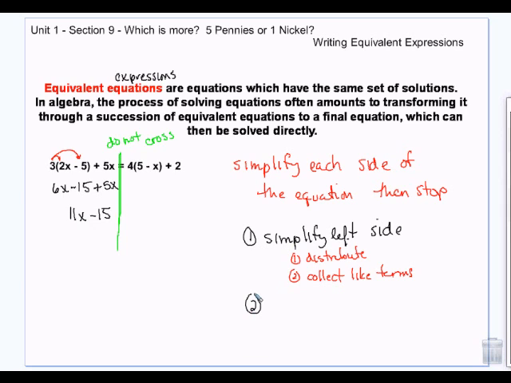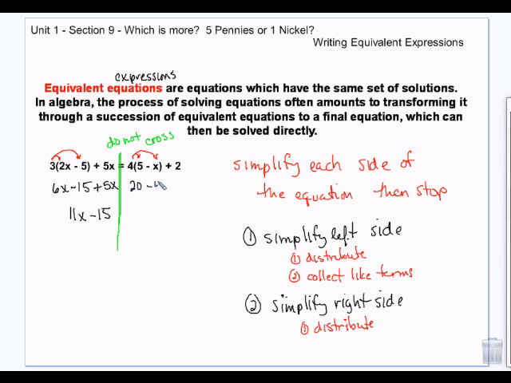And then I go to the right side. Sometimes you don't have to do anything to the right side. It might just say 10 or something. If you can't do anything to it, you just leave it alone and it's already simplified. But if you have stuff to do, usually it's distribution if necessary. So I'm going to distribute that 4.